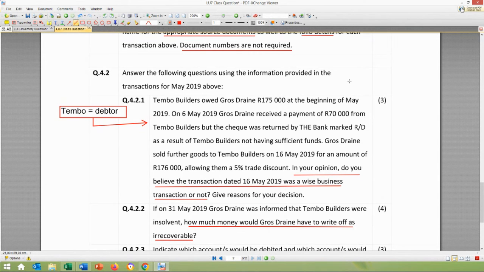Okay, any takers? Who thinks they know how to calculate how much money we need to write off?